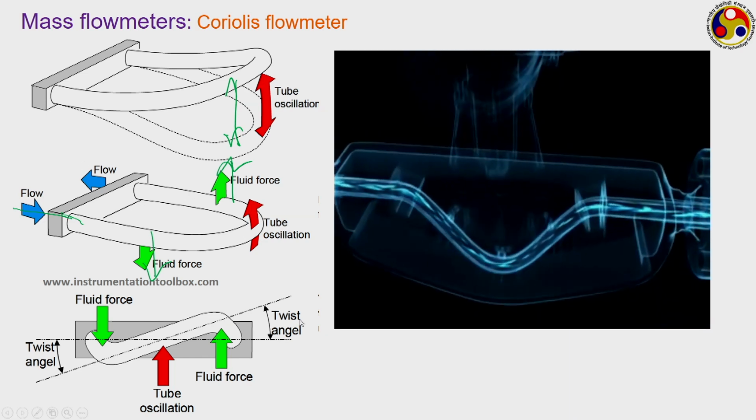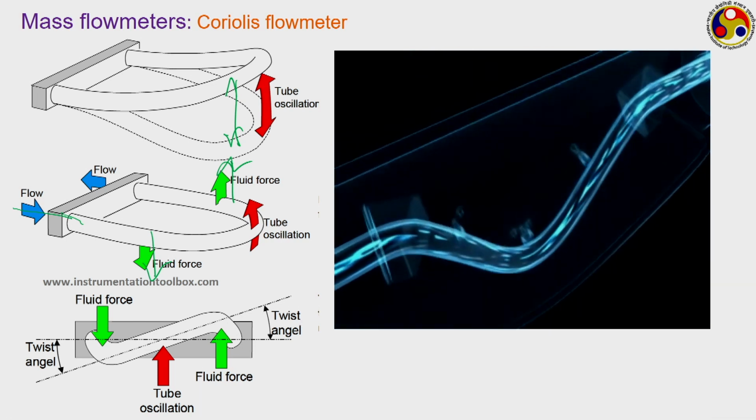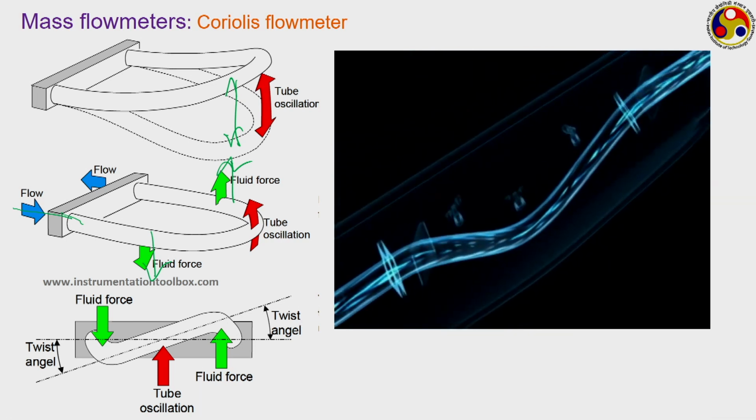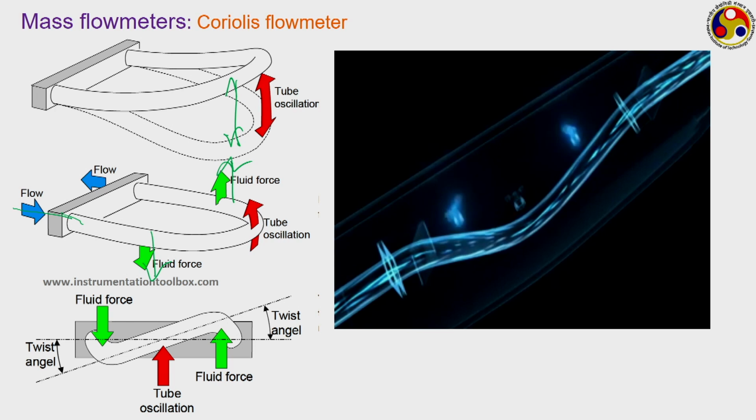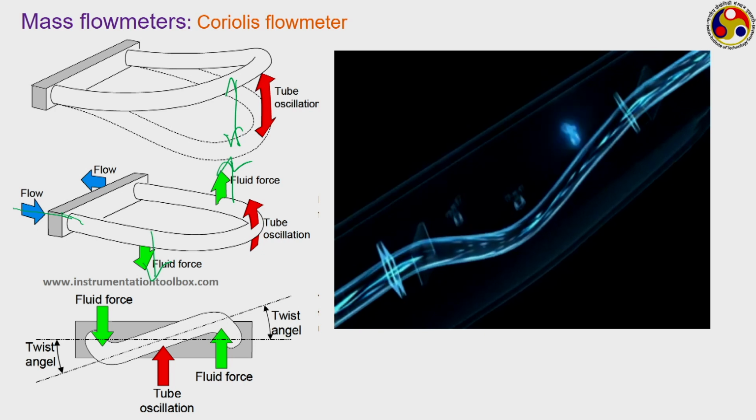You can see there is a U kind of configuration where firstly you have one exciter which is exciting this tube, making the tube oscillate. And now as the fluid is allowed to flow through this, these are a couple of detectors which detect if there is any twist at all or not.